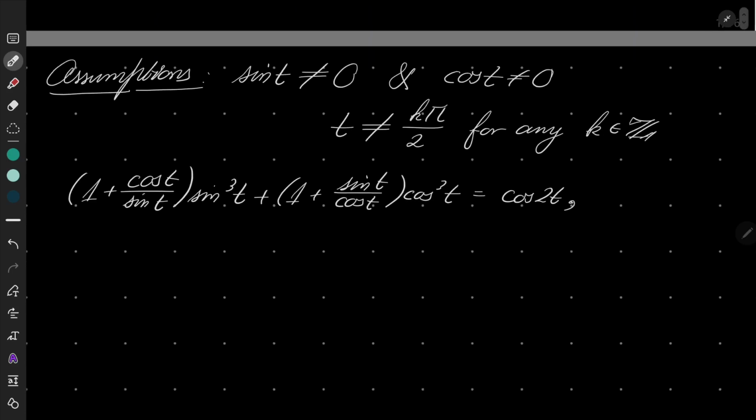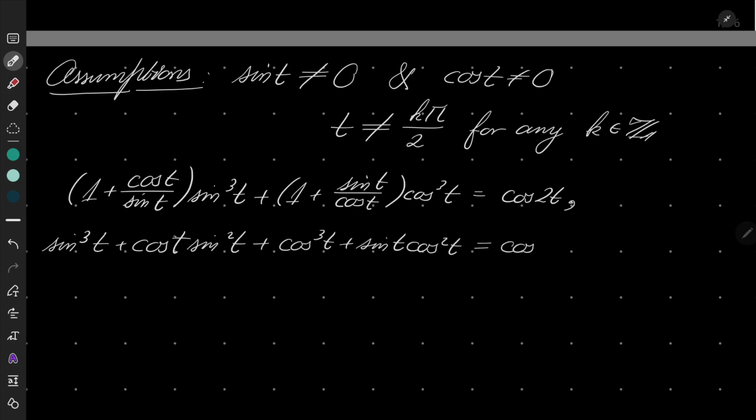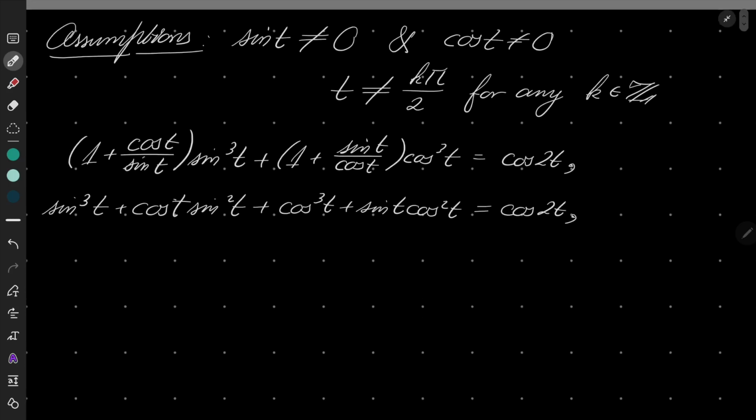And now let's multiply everything. So we have sine cubed of t plus cosine t sine squared of t plus cosine cubed of t plus sine t cosine squared of t equals cosine of 2t.